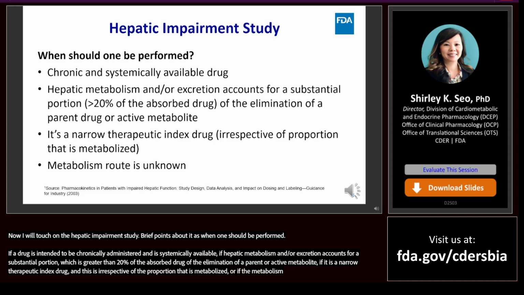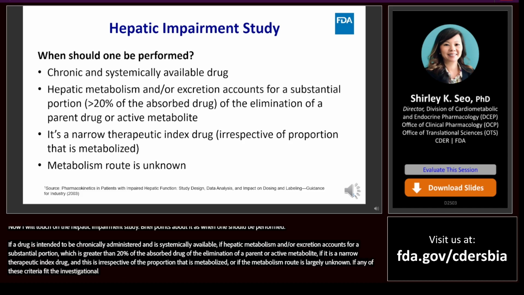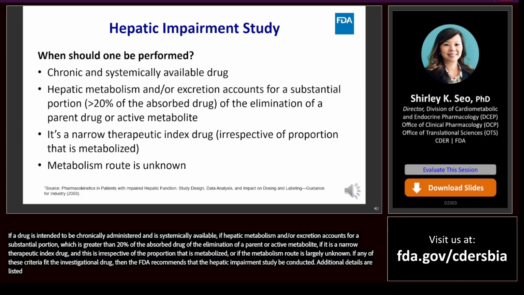If any of these criteria fit the investigational drug, then the FDA recommends that a hepatic impairment study be conducted. Additional details are listed in the hepatic impairment guidance, which is on the FDA guidance website.